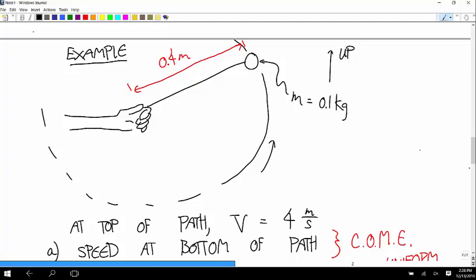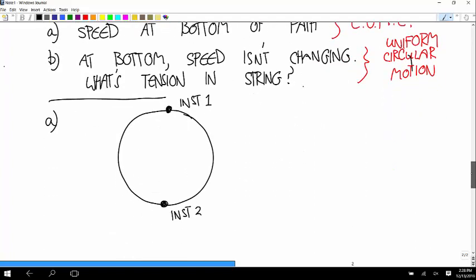A normal force would be if it's in contact with a surface. Okay, so the forces are the weight. That's fine. We have a potential energy function for that. And the only other force is the string force.